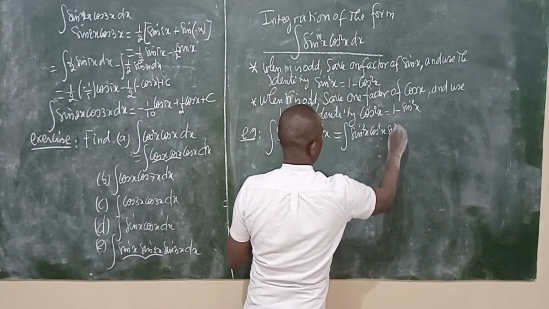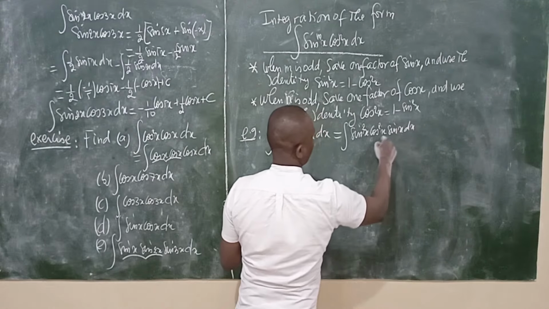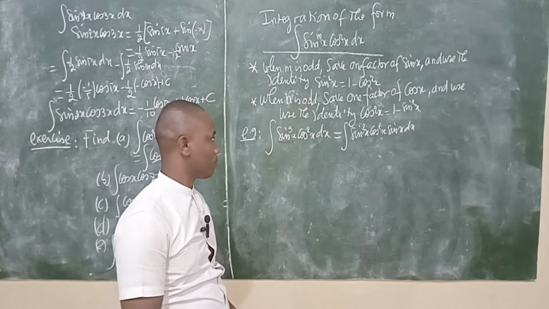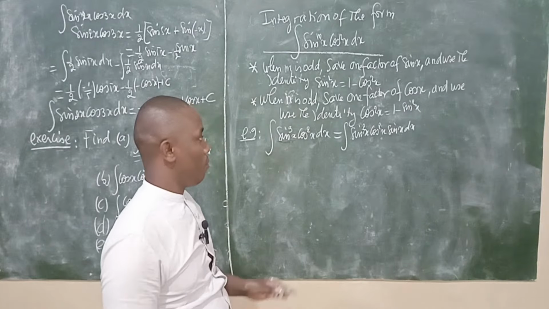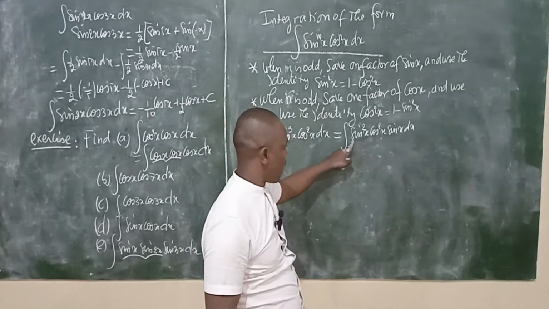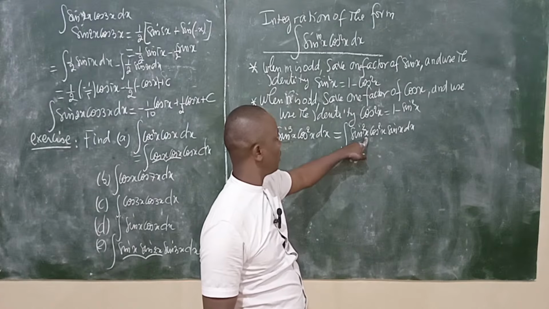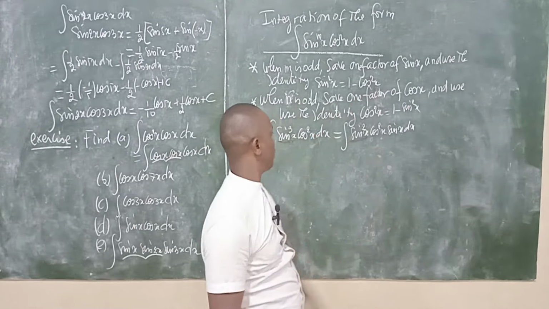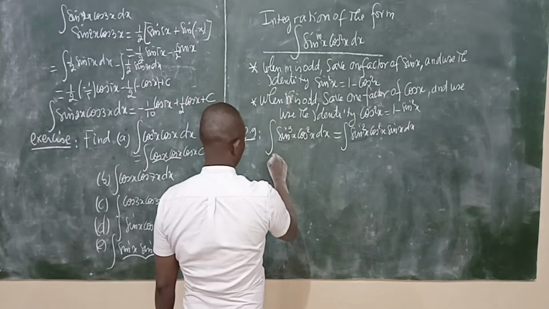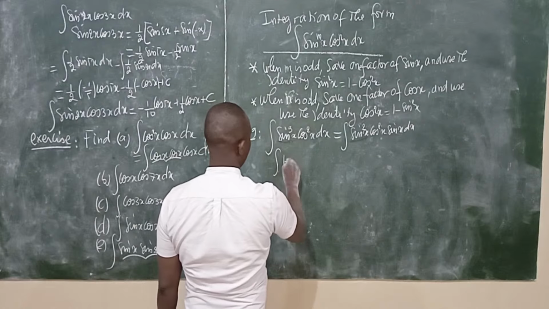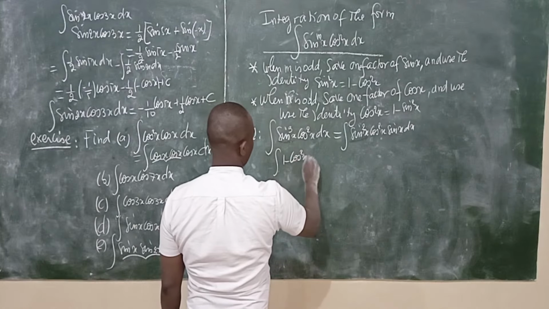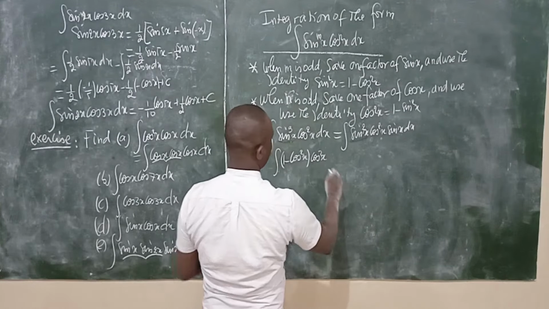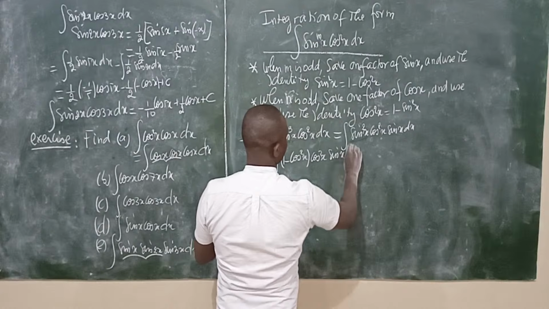Then that factor can be written before dx. Because of this, sine squared is going to be transformed as 1 minus cosine squared. Hope you see that. Now, here is 1 minus cosine squared x times cosine squared x, then sine x dx.